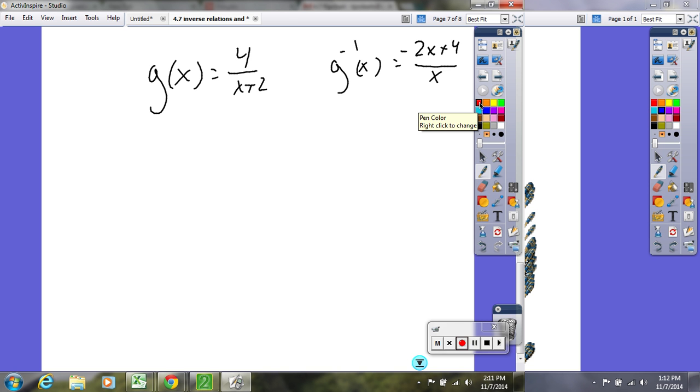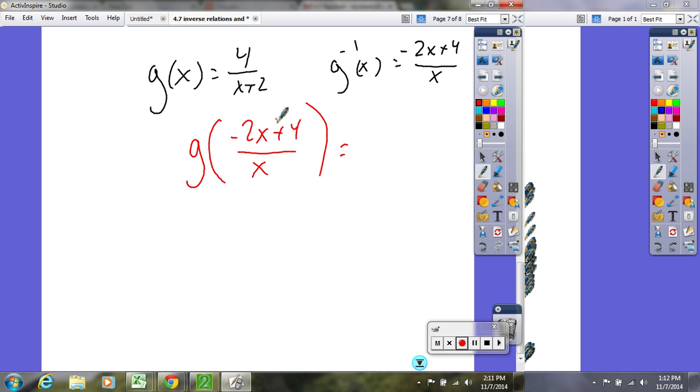Meaning g of g's inverse, so I'm just going to plug him in, starting here. Make sense there? Are you with me on that? Okay, which is equal to, I'm going to replace that here, correct? Replacing that. So notice I have 4 over negative 2x plus 4 over x plus 2.